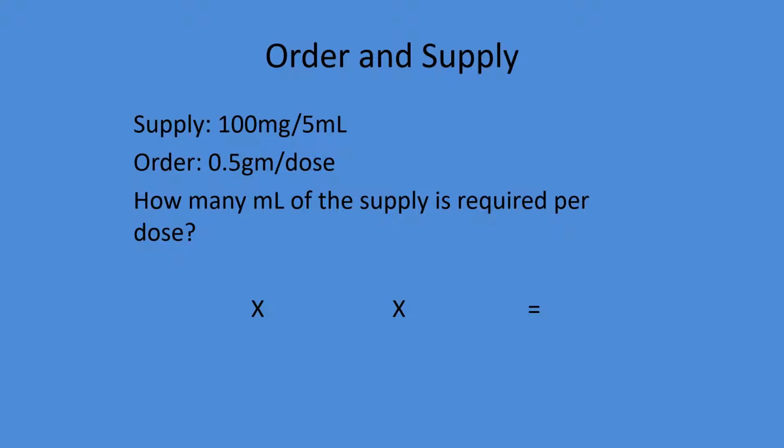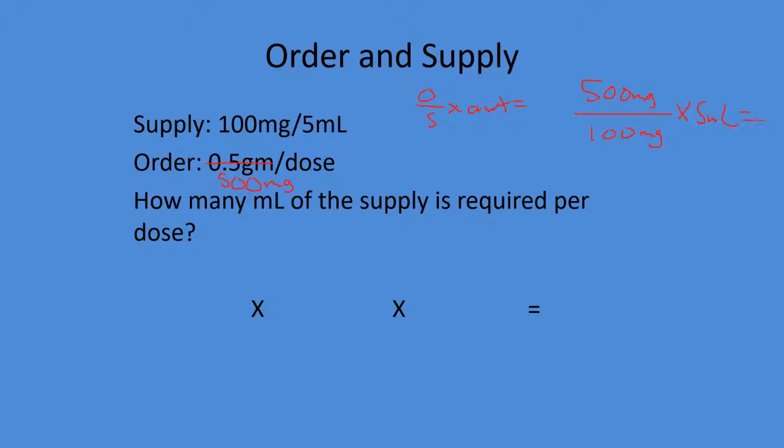All right, let's do the same here. So instead of half a gram, let's change this guy to 500 milligrams, right? All right, what's our order? 500 milligrams. What's our supply? 100. And the amount is 5 ml.